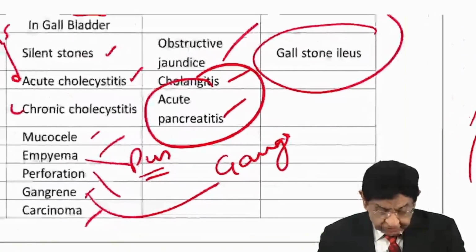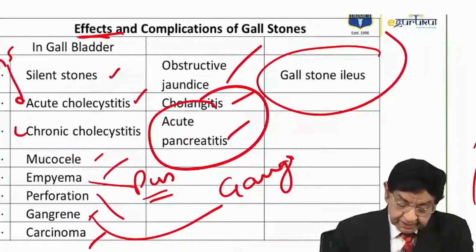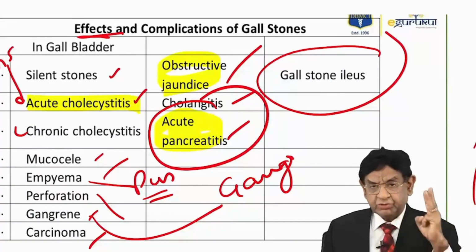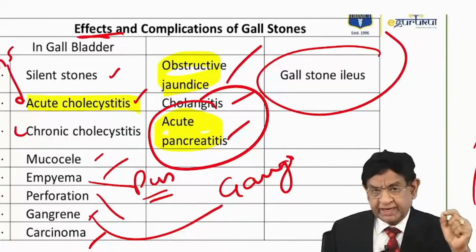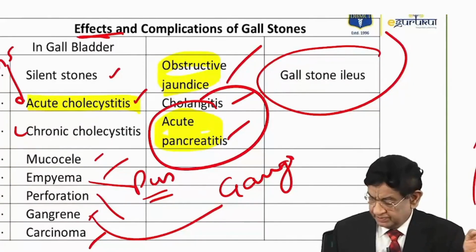So friends, out of these, the important things that you have got to remember are acute cholecystitis, obstructive jaundice, acute pancreatitis. These are the three important things you have to remember in this particular slide, right?